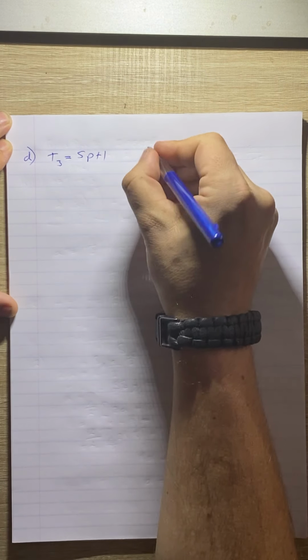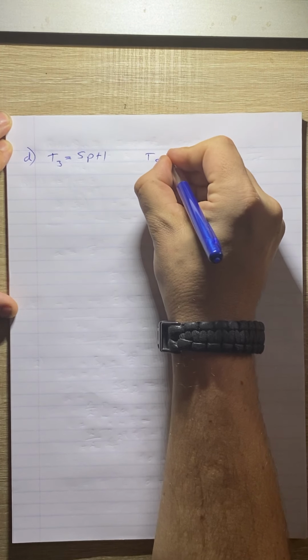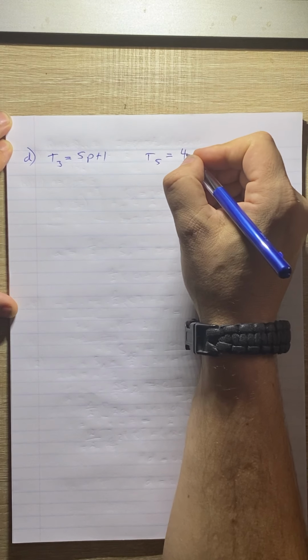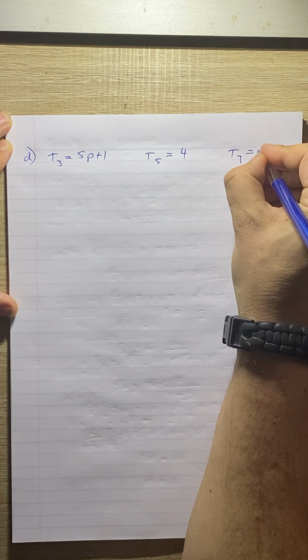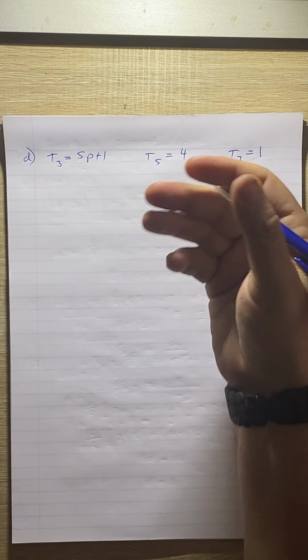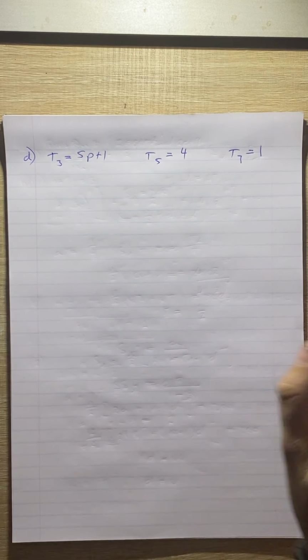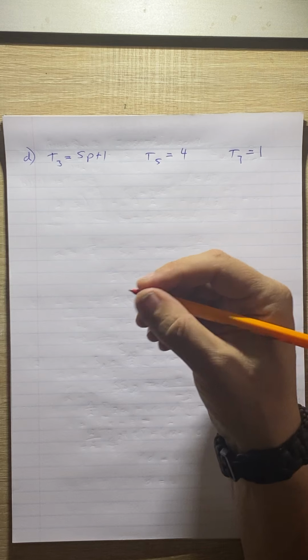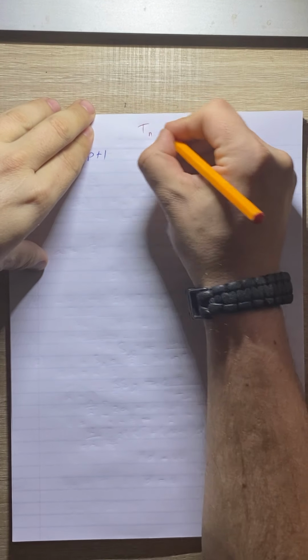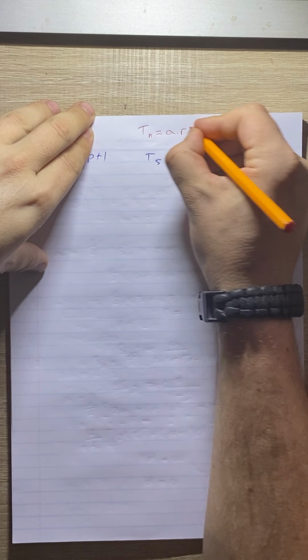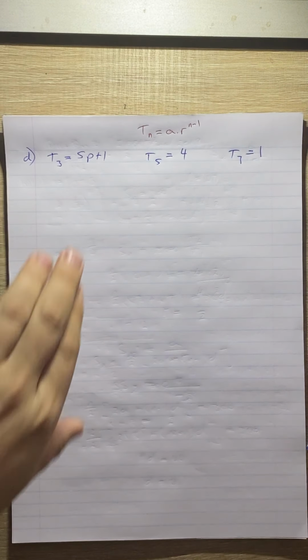The fifth term is 4, and the seventh term is 1. Determine the value of p. Okay, because we're dealing with a geometric sequence, I know I'm going to be using this formula. Tn is equal to A times R to the n minus 1. That is given on your formula sheet.